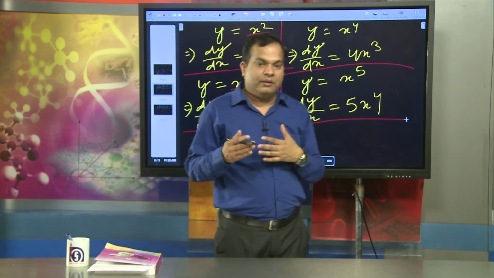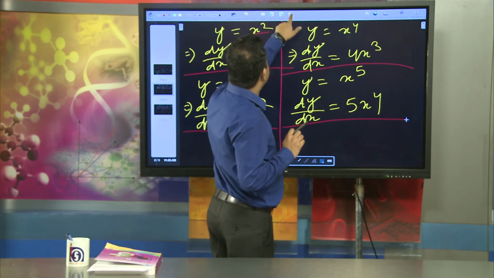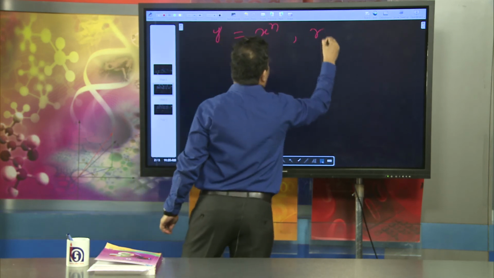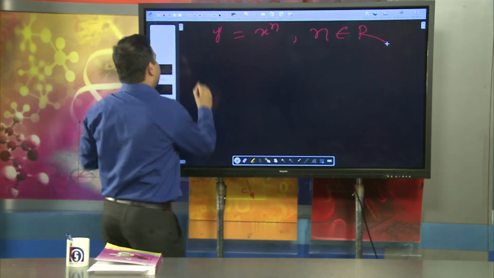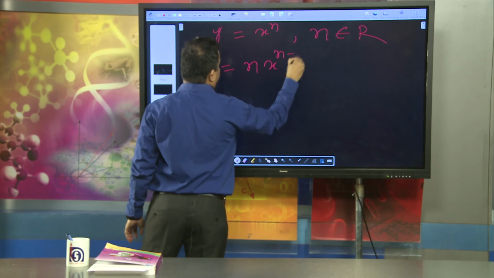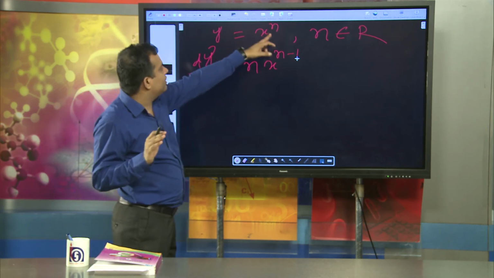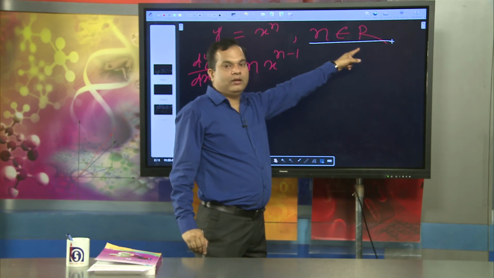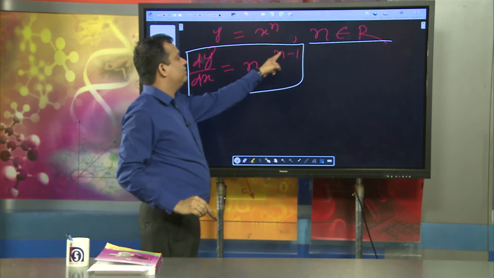If you use the principle of mathematical induction, you will find that if y equals x raised to the power n, where n is an element of R, that means n is a real value, then dy by dx equals n x raised to the power n minus 1. This is one of the standard formulas.